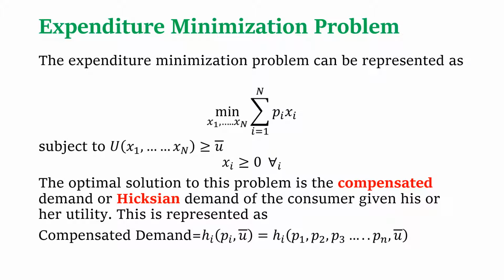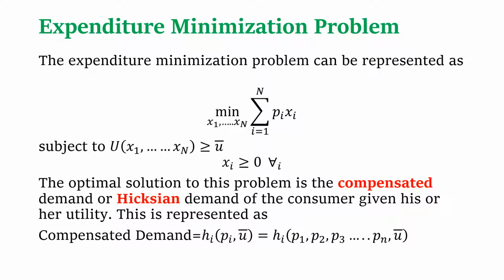We are all going to consume positive amounts of goods, maybe 5 loaves of bread, 10 loaves of bread, not negative 10 loaves of bread, maybe 2 cups of water or a bottle of lemonade.